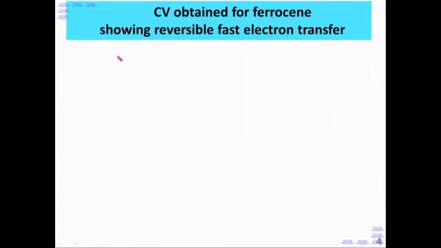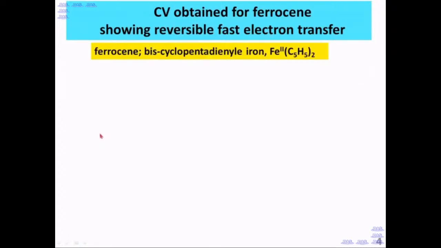As usual, ferrocene as a typical sample. CV obtained for ferrocene, showing reversible fast electron transfer. Ferrocene is a typical organometallic compound, a cyclopentadienyl moiety sandwiching a ferrous ion.